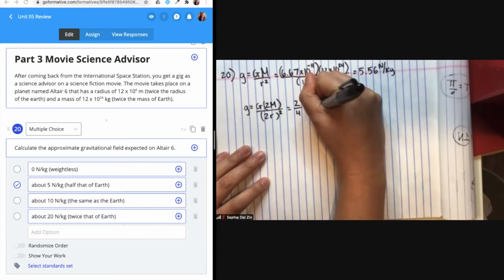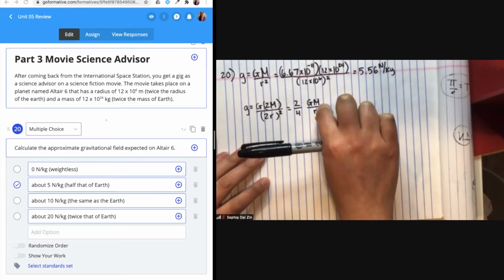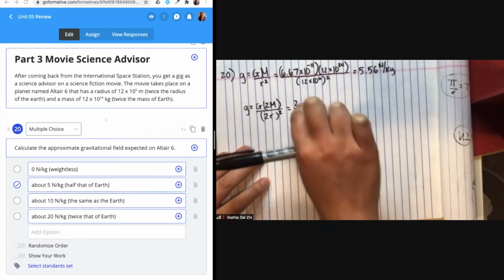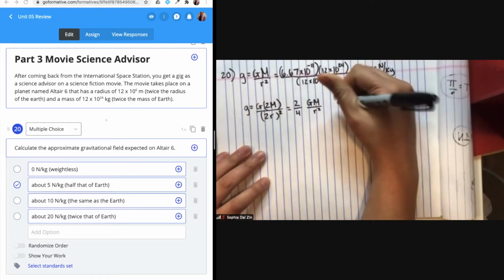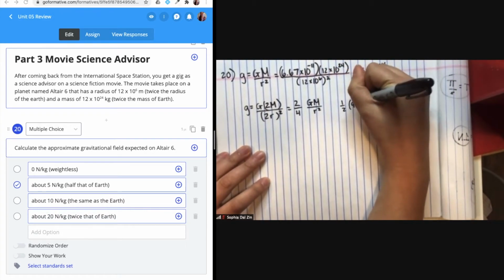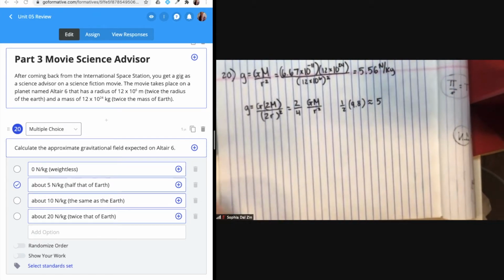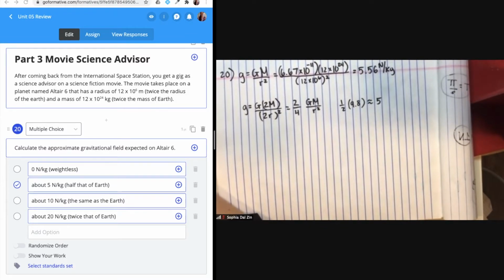That leaves 1/2 of the original gravitational field of the Earth. So 1/2 of 9.8 is approximately 5. And so that's why in either method, I'm getting B, about half that of Earth.